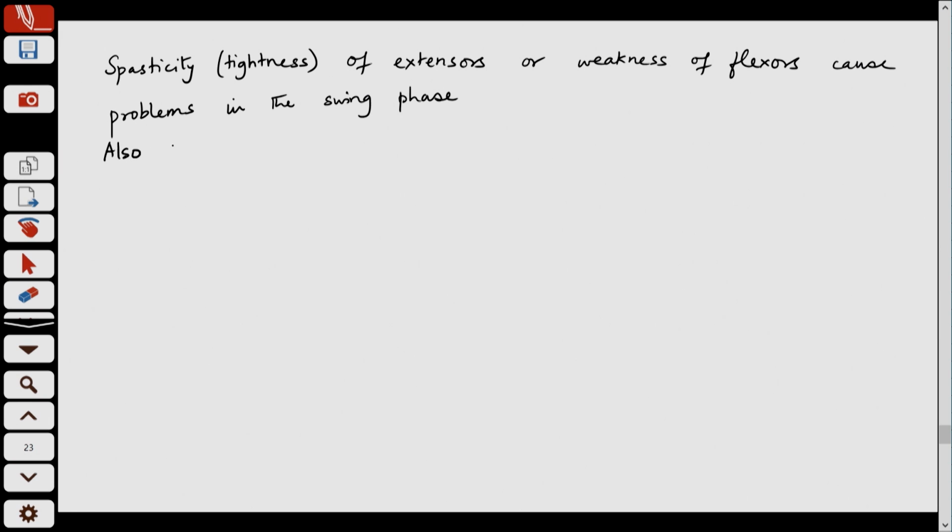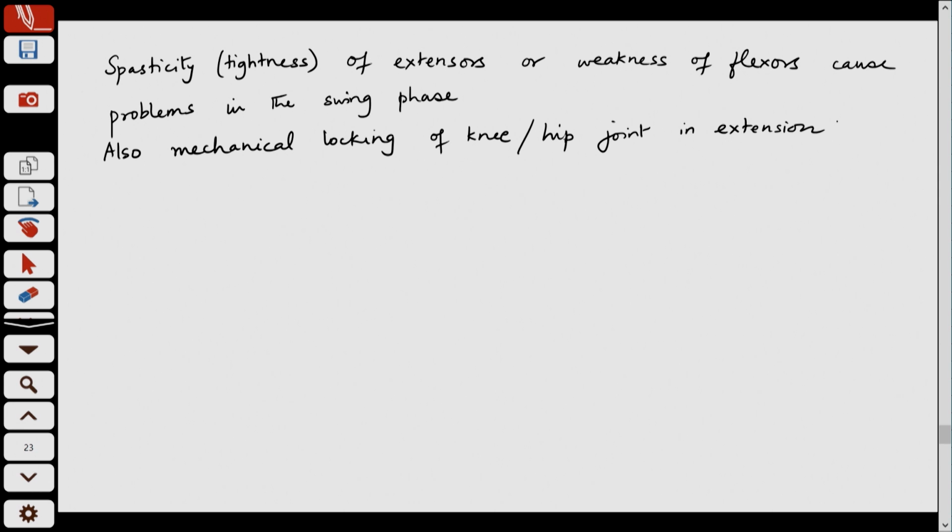So, again in the swing you could have problems if you have mechanical locking of the hip joint in extension. Why would somebody lock the knee or the hip joint in extension? Because one of the primary requirements for walking is stability.